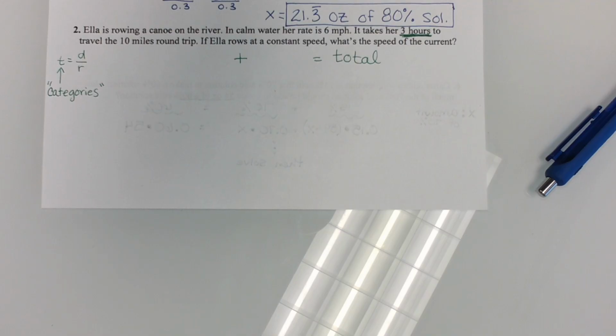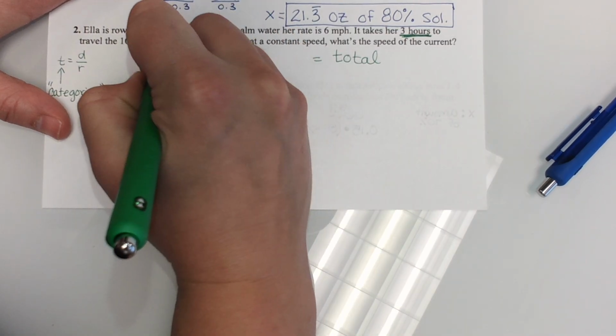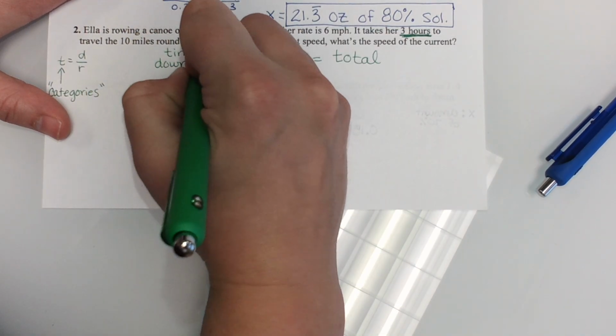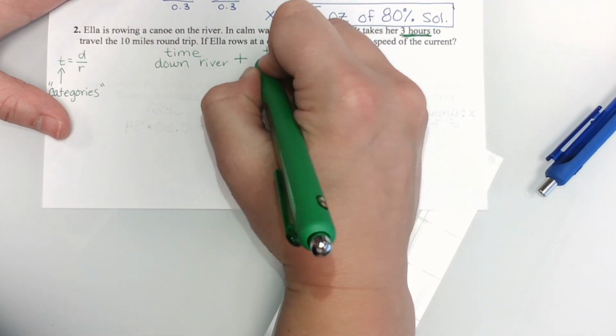When you travel in a round trip, what are you doing? A couple people said a version of: you're going there and you're going back. Now, when you're traveling down a river, do you go the same speed both directions? No, that's a change, which means we have our time downriver and our time upriver.